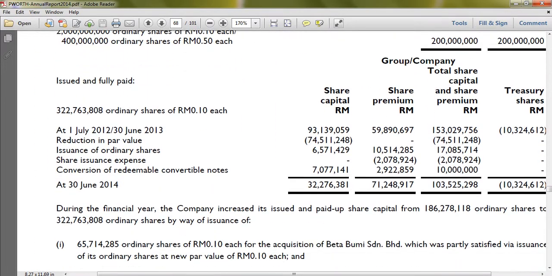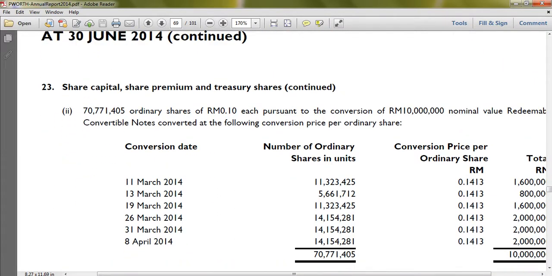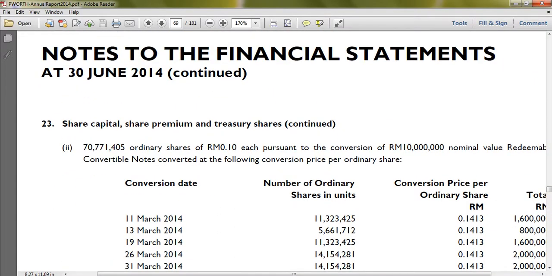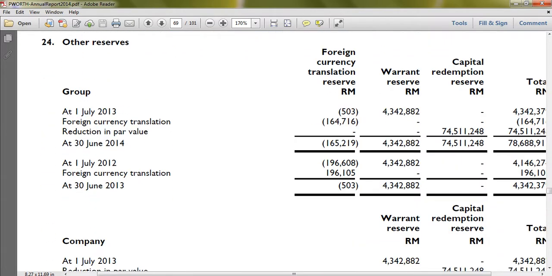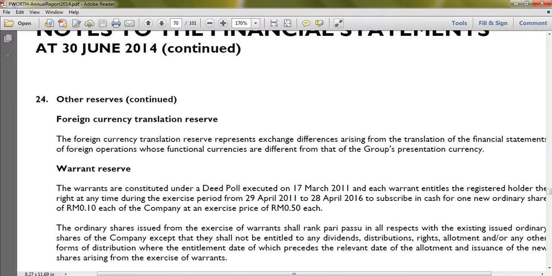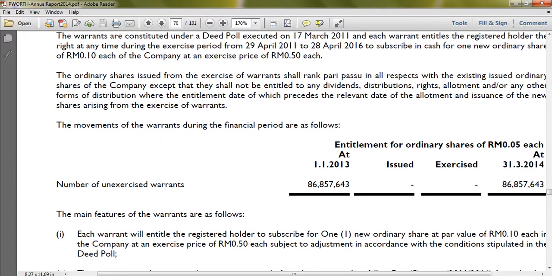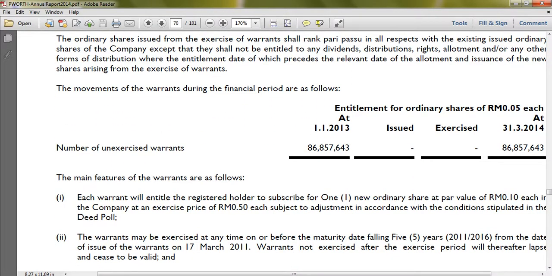Okay, so let's have a look. The financial, this one is not really a concern. At last we need to know how much they have. Warrants is this amount. This is the unexercised warrants.